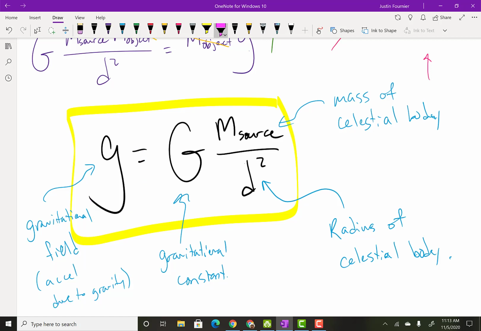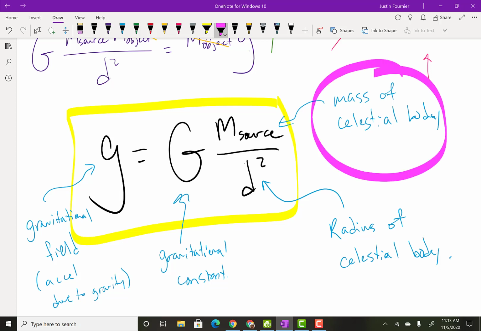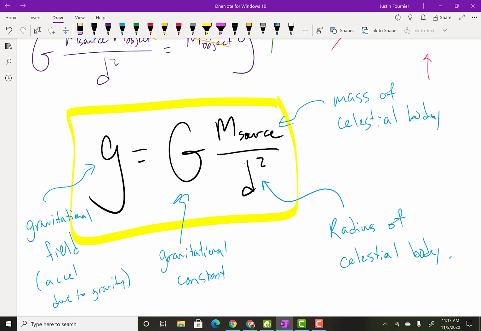I've been saying you can interchange those basically, especially on the surface of whatever planet you're on. It'd be equal to the gravitational constant, 6.67 times 10 to the negative 11 newton meters squared divided by kilograms squared, multiplied by the mass of whatever celestial body is generating that gravitational field.